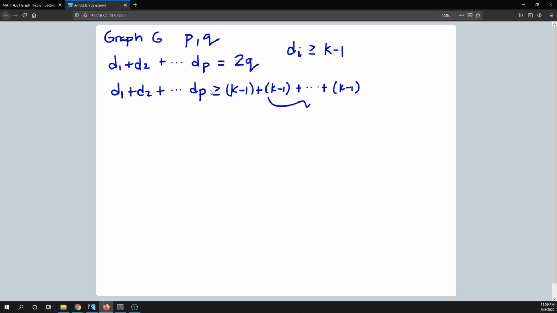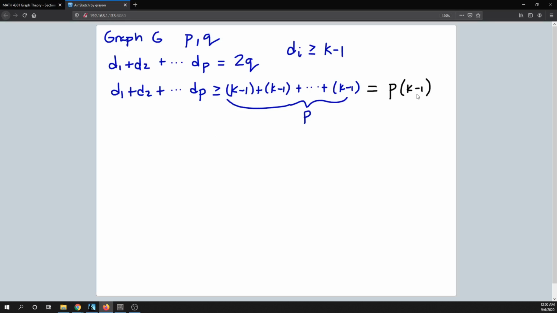Then counting up how many you have of those, it is P. So I have P copies of K minus 1, and that means this is equal to P times K minus 1.